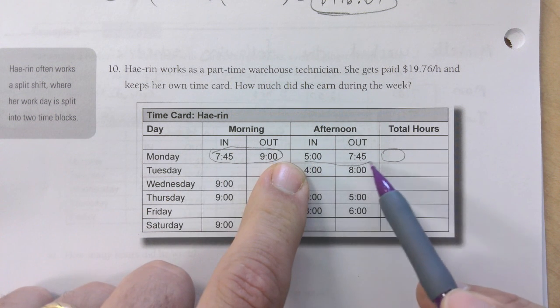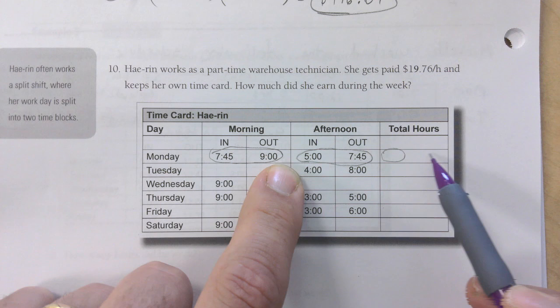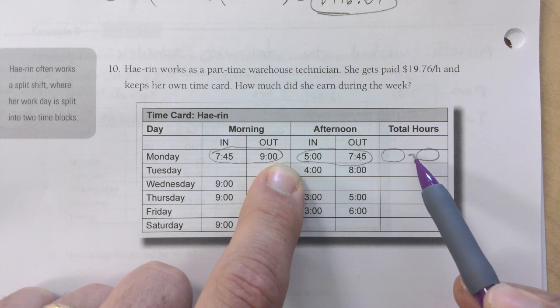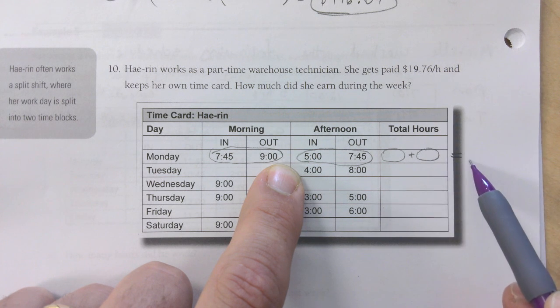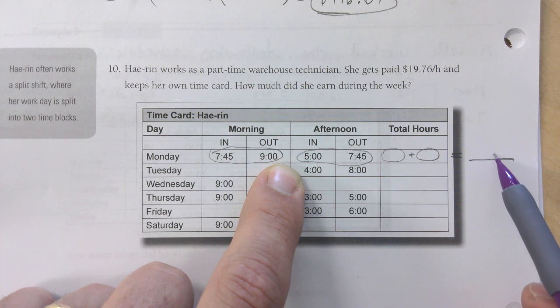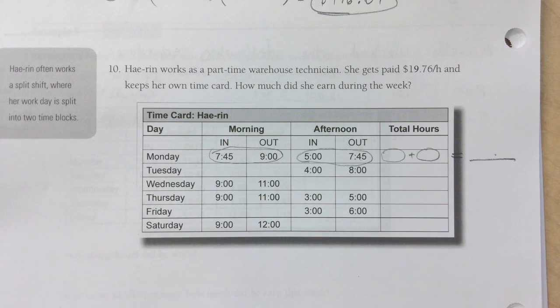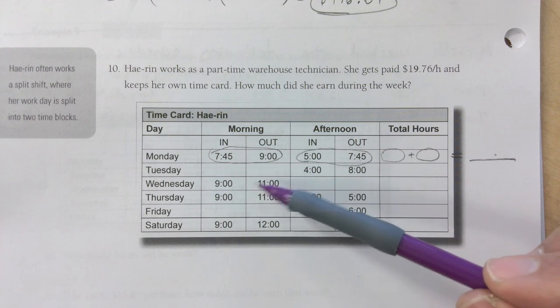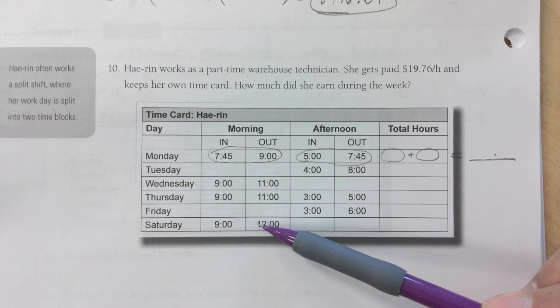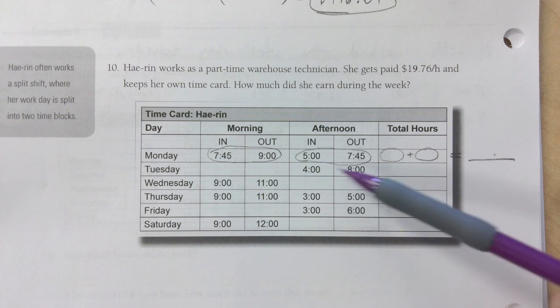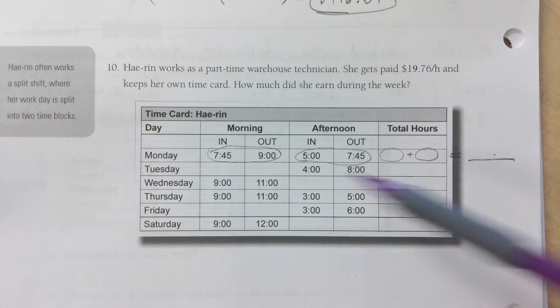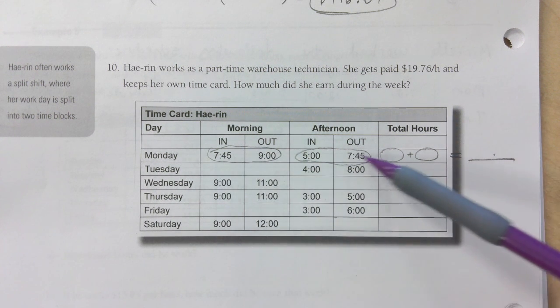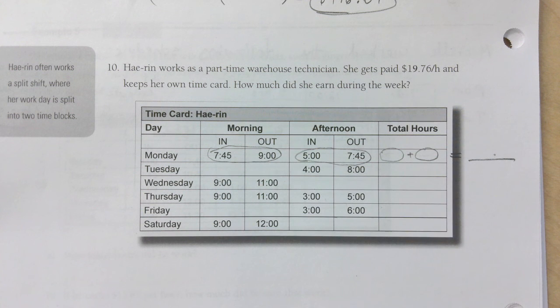Then figure out how many hours you've spent here and write it down here. Add them up and then you put the actual number here. Otherwise, you're going to run out of room, right? Some students like to just do the morning first, and then they'll go over and do the afternoon or whatever. Whatever works, just be consistent, okay?